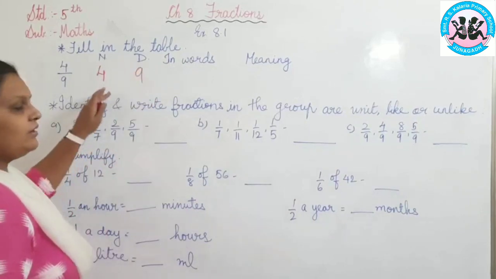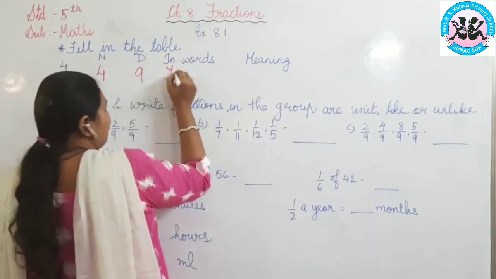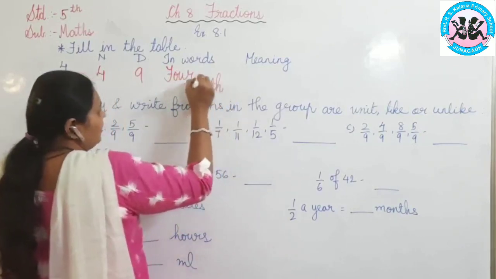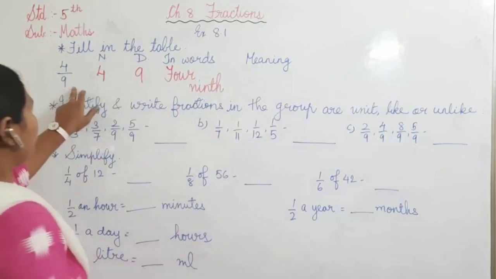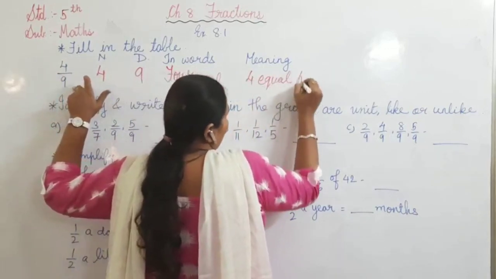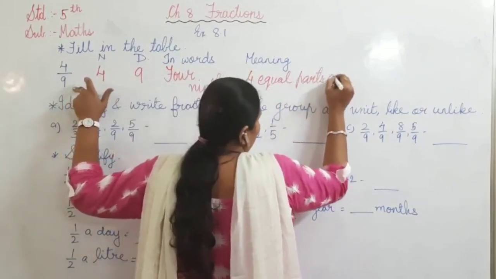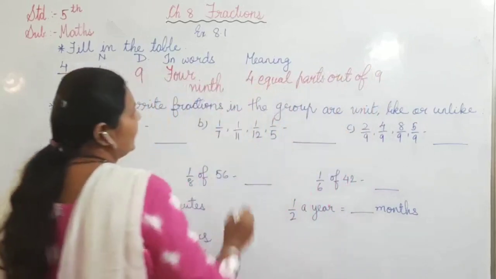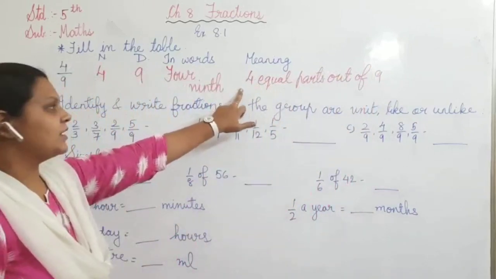Now, how we will write 4 nines as a word? What is the meaning of that? So, we can write as 4 equal parts out of 9. Means total parts are 9 and out of that 4 parts are colored.